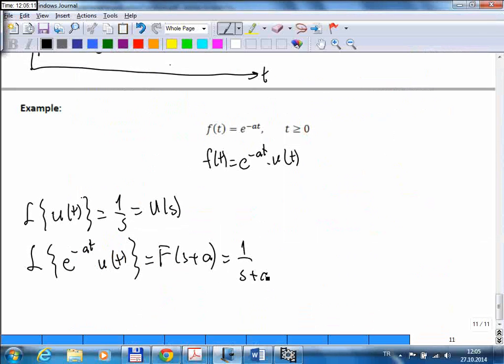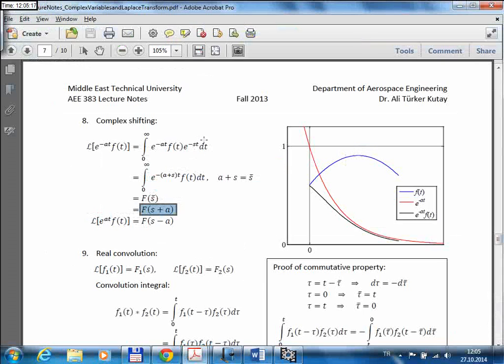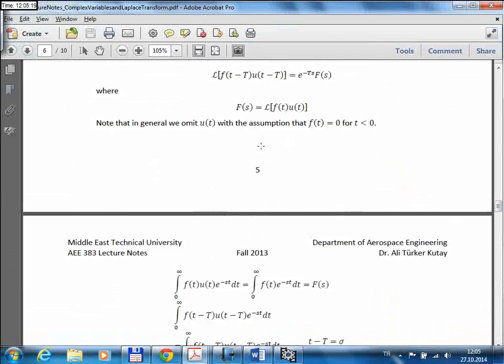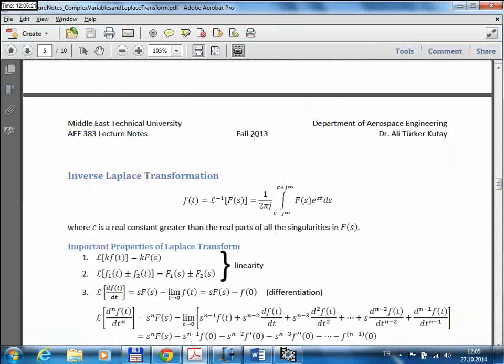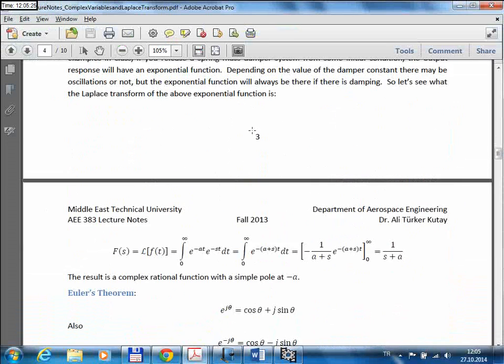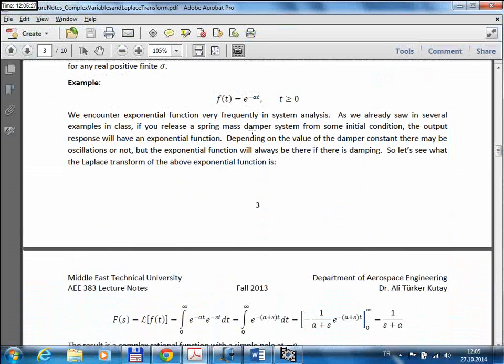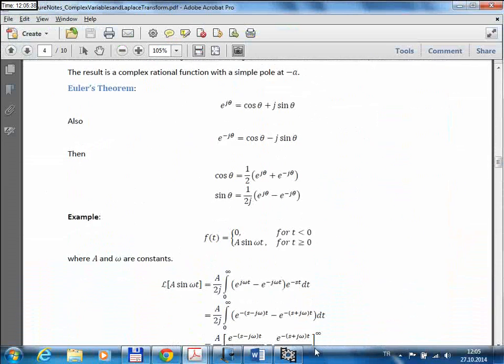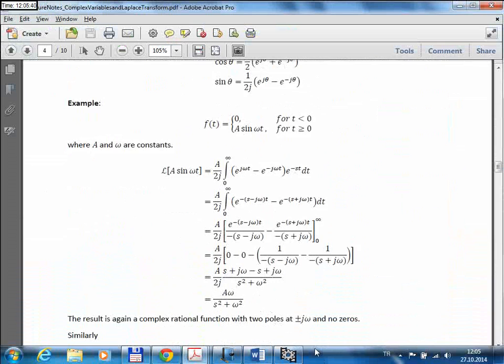Okay, so by just using the properties, we calculated the transform of this. And previously, we obtained the same result using the definition, using the integral. So let's make sure that the result was the same. Okay, yeah, so the same result was obtained by taking the integral. Okay, so it just shows you that these properties make calculation of Laplace transformations easy.